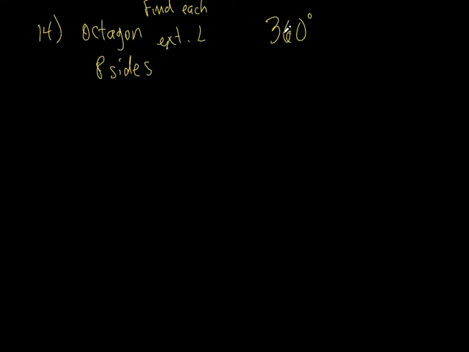So all the angles add up to 360, right? If there's 8 sides, there's 8 angles. This is a regular octagon, by the way. Okay, so 360 what? Divided by 8. Very good. Do you see the math? You just take 360 divided by 8. Simple. That's all you got to do. What's that number? 45. Okay, 45 degrees. Look at that. That's all you got to do. It's pretty easy, isn't it?